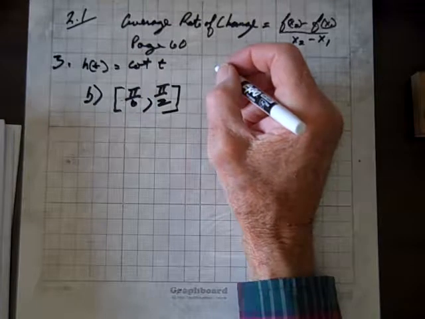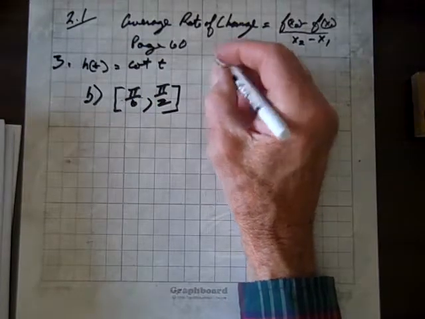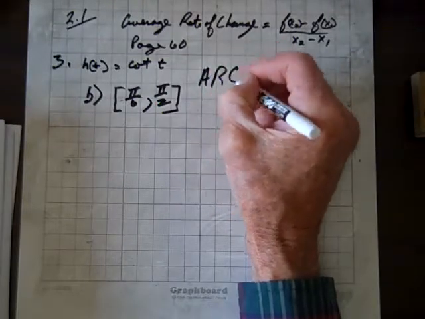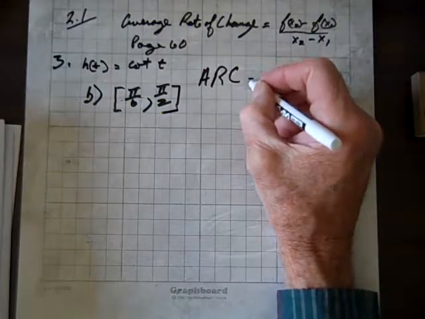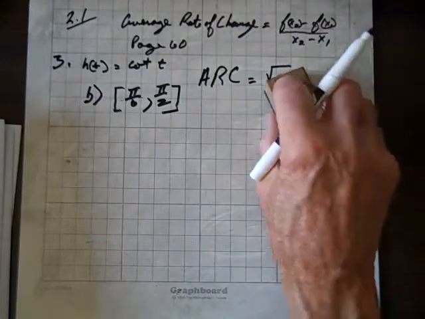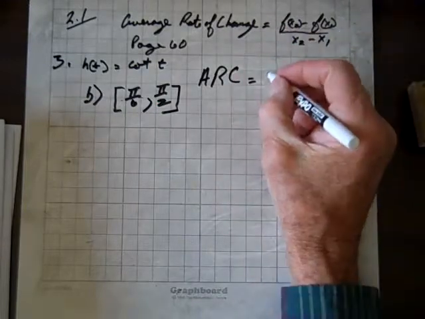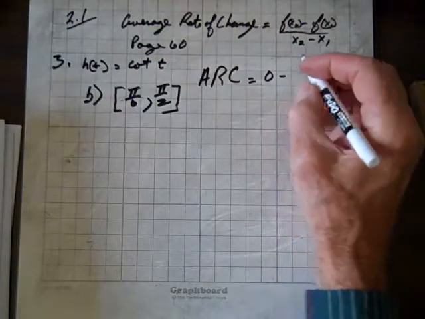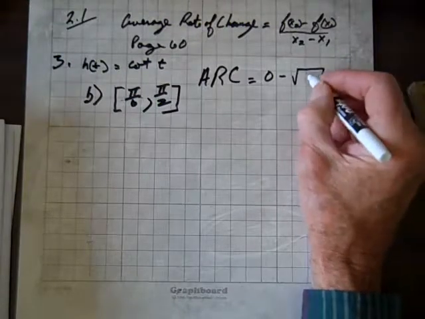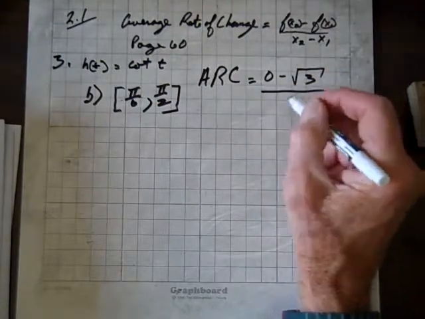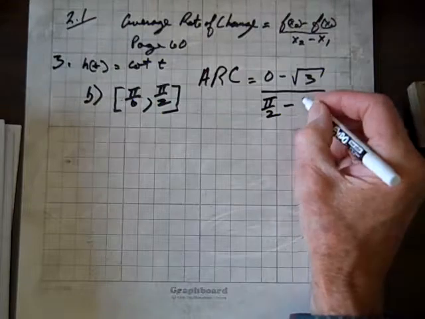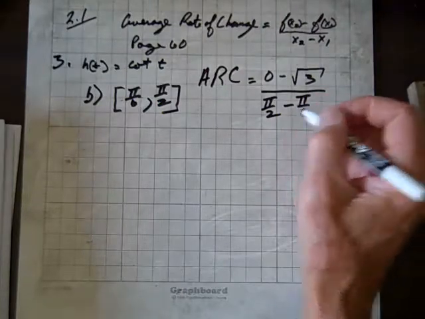So the average rate of change: the cotan of pi over 2 is 0, and minus the cotan of pi over 6, which is √3, and downstairs we have pi over 2 minus pi over 6.